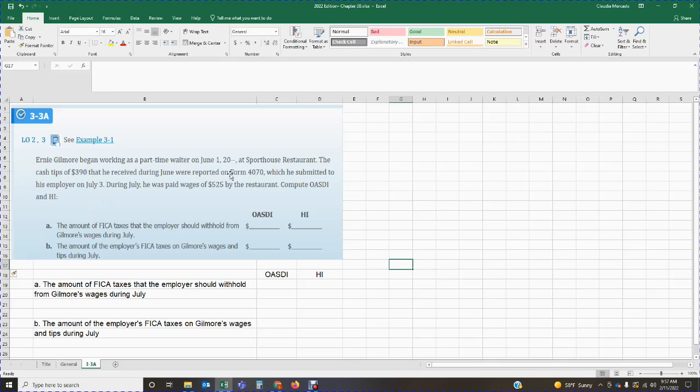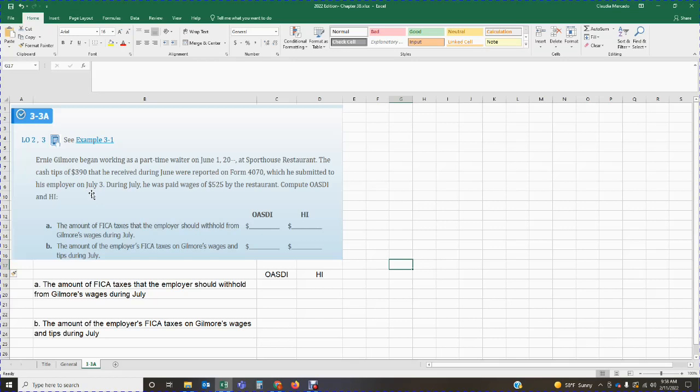Now, the employee began working in June. During June, he made $390 in tips, which were reported to the employer in July. So the employer got the information in the month of July. The employer has not made any deductions for those tips because they had not been reported till the month of July.